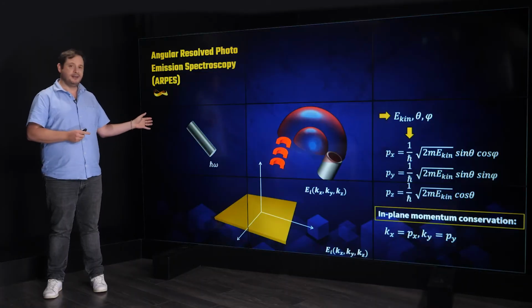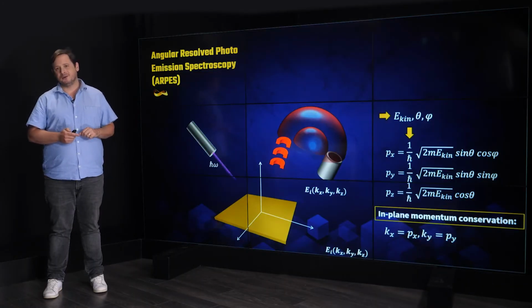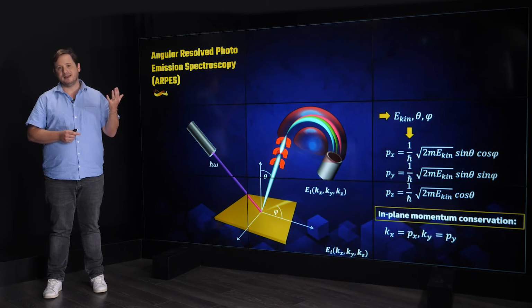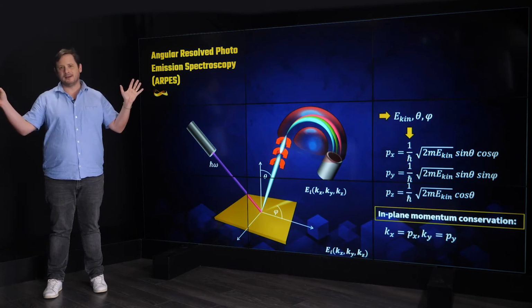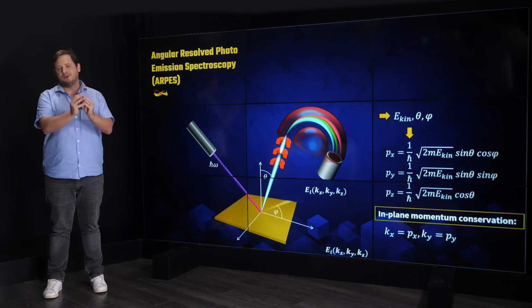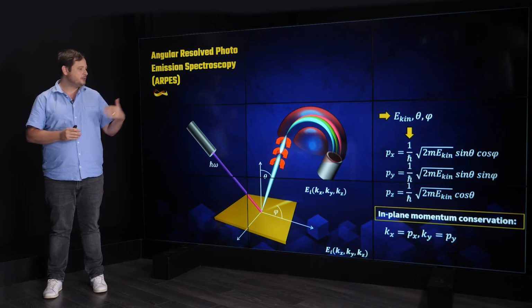We have a radiation source. We shine the surface of the sample, which excites electrons that emit in all directions. We collect a certain solid angle to which the electrons are emitted and collimate the beam into the detector.